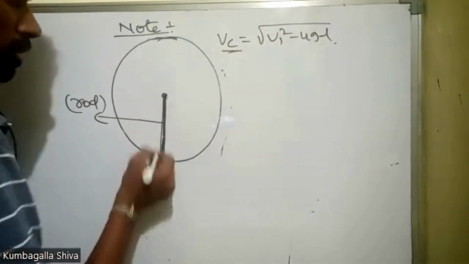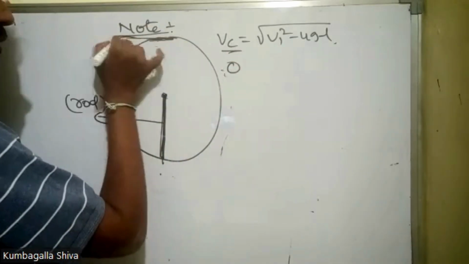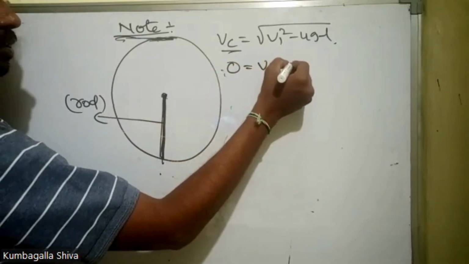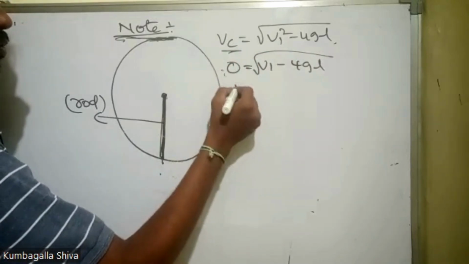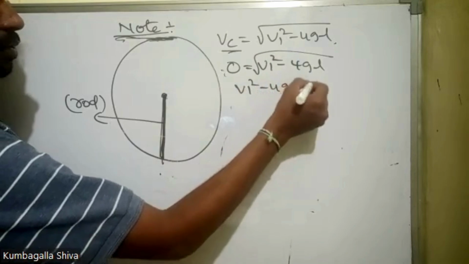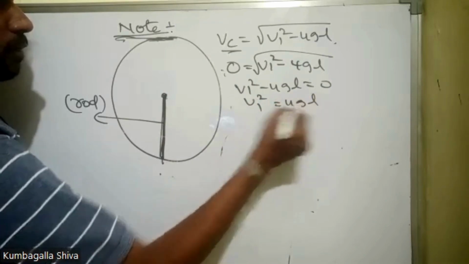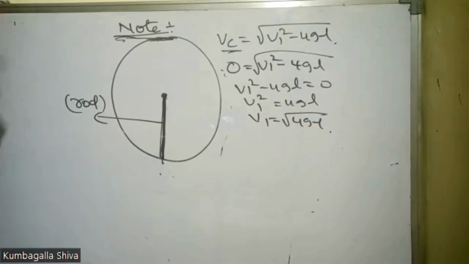As you go to the maximum position, the C position, the velocity will become zero. So v1 square minus 4gl equals 0, v1 square is equal to 4gl, then v1 is equal to root 4gl.